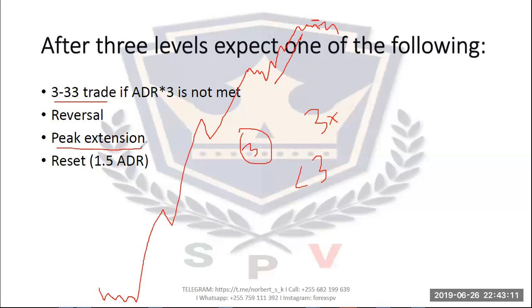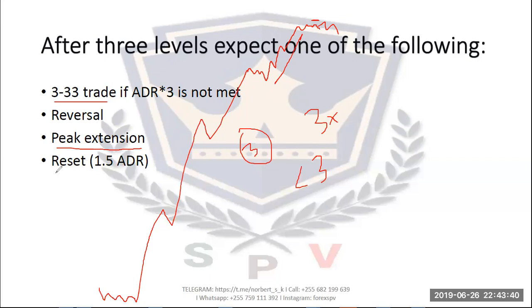You would see that an extension is done because of a certain criteria on the higher time frames, of which we will talk about. When we come to talk about the daily chart, the position of the EMAs in the daily chart, or the price action zones, you find the dealer might extend the peak because of those criteria.